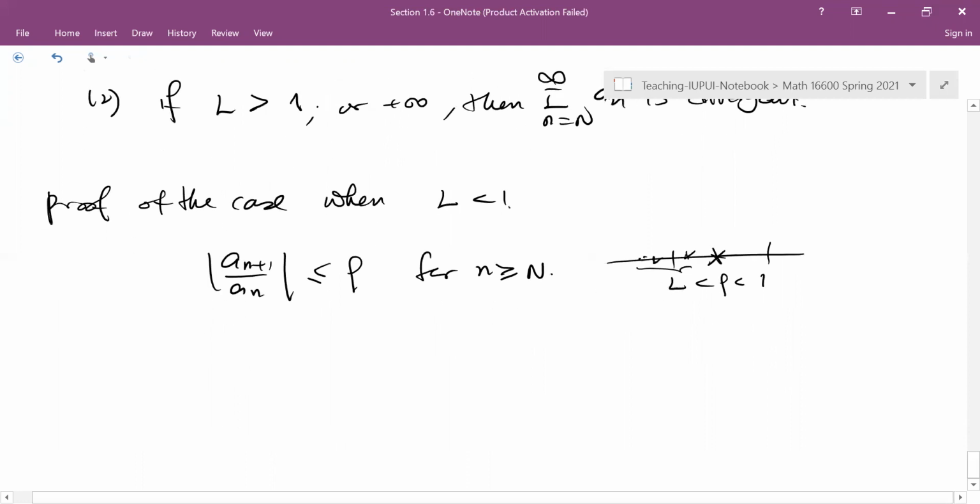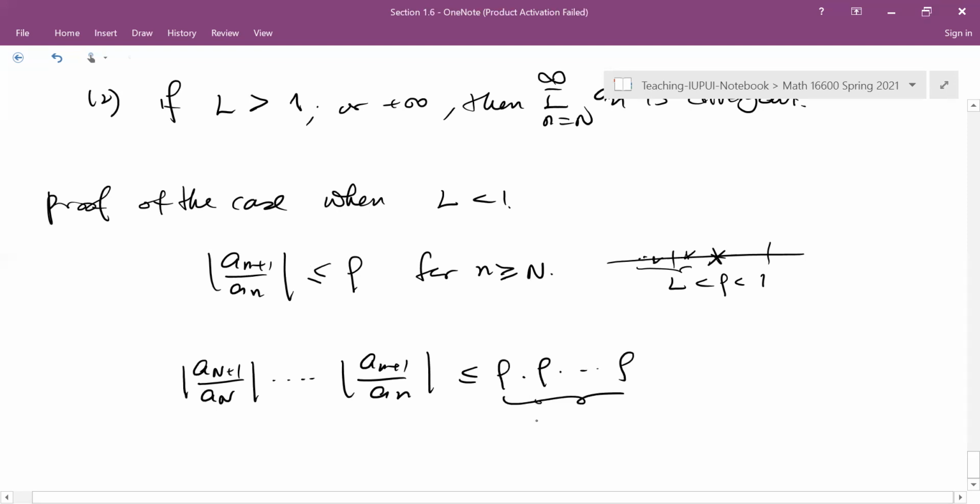And then what do you get? Then you will get, multiply this out, and it's less than or equal to rho times rho times rho. How many rho here? I think I'm going to have n minus capital N plus 1.